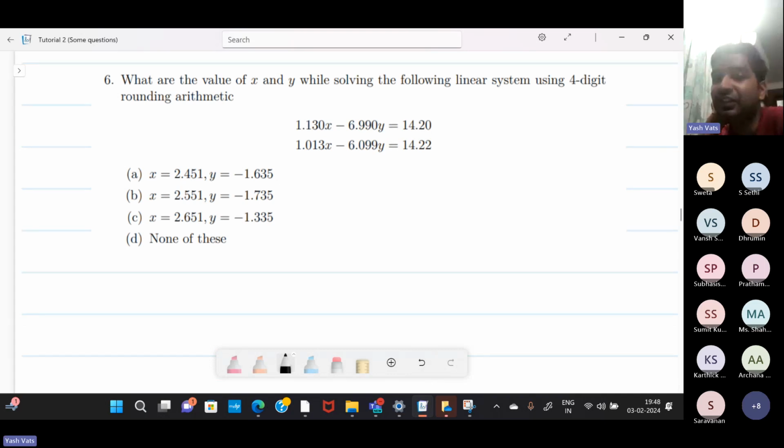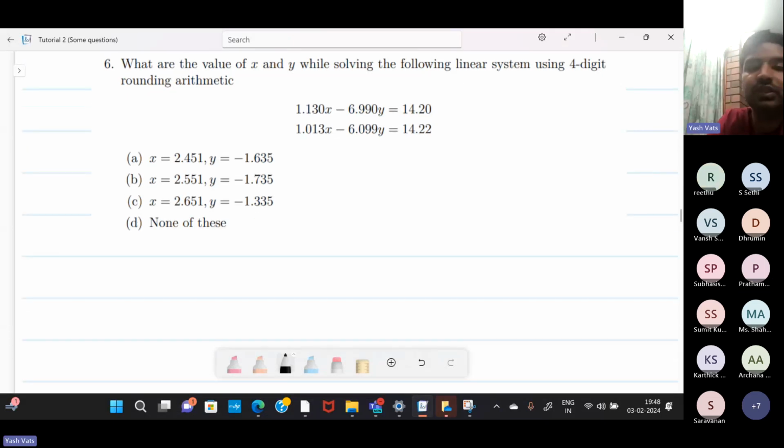Okay, so what are the values of x and y while solving the following linear system using 4-digit rounding arithmetic? So you need to find the values of x and y, and after that you need to do 4-digit rounding. Okay, let's find. In the first one, you just find it this way. 0y is 14.20.